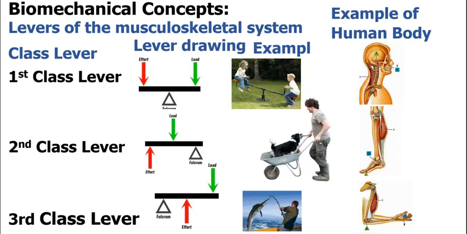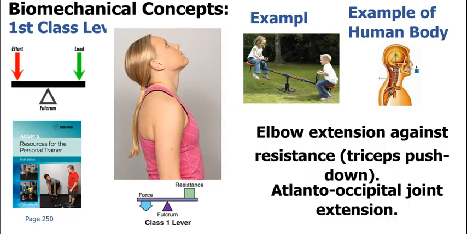The first class lever, the second class lever, and the third class lever. And we're going to put some examples from the human body. The first is where the pivot point or fulcrum is located between the force and the resistance.